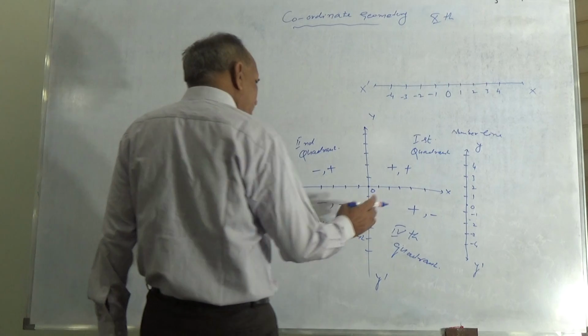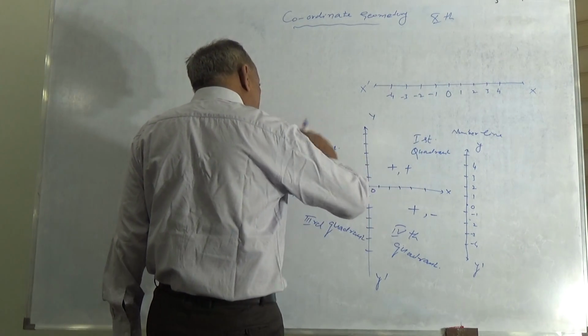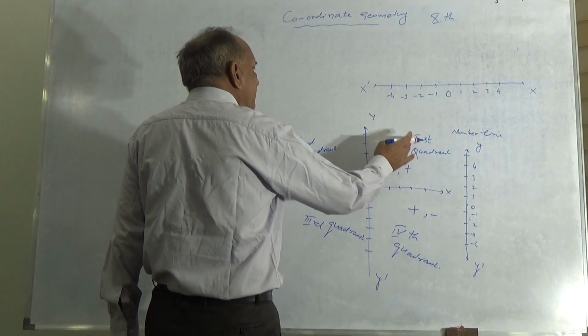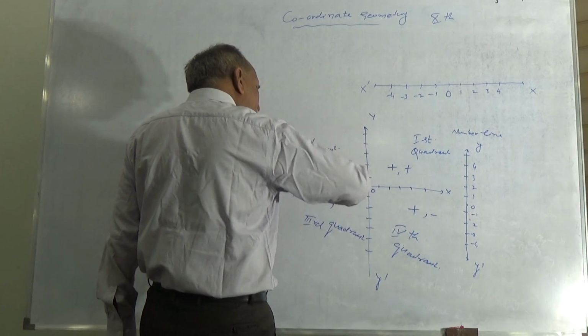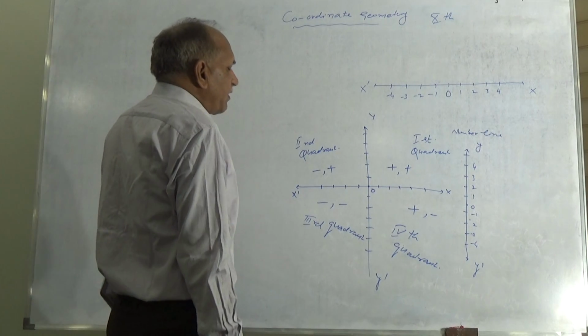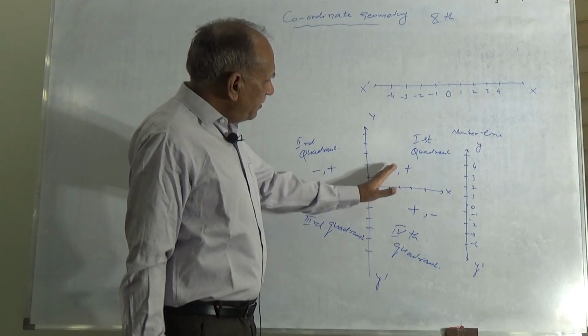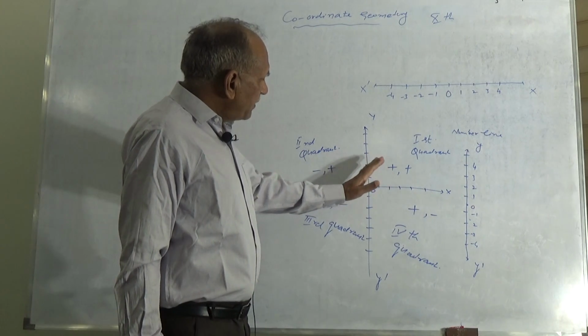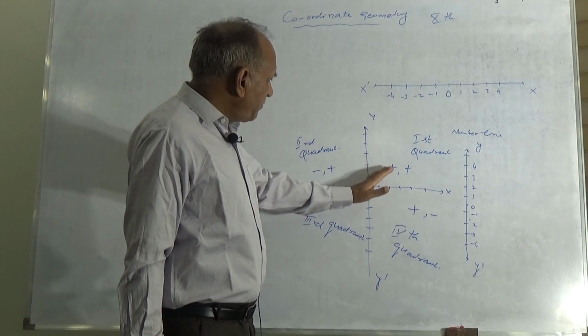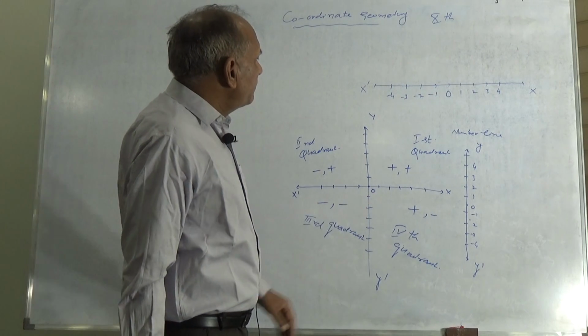Therefore, first, second, third, fourth go anti-clockwise, and the values of x and y are different in each quadrant.